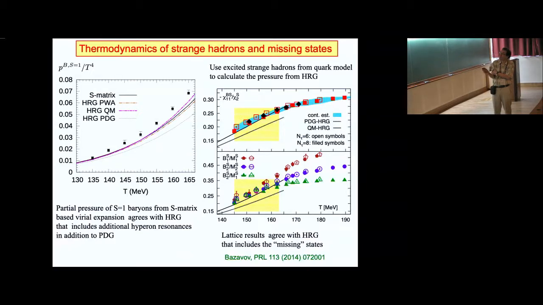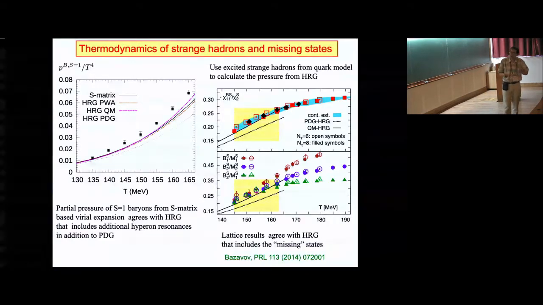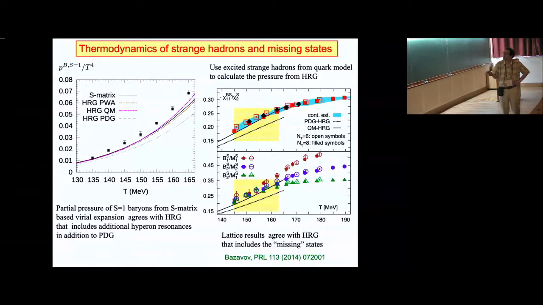And in fact, if you take the spectrum from PDG and supplement it with states which are predicted by the quark model but not in PDG, you get the same result, and that is shown again by this purple line. And here, again, that's an older analysis, which shows the same thing.